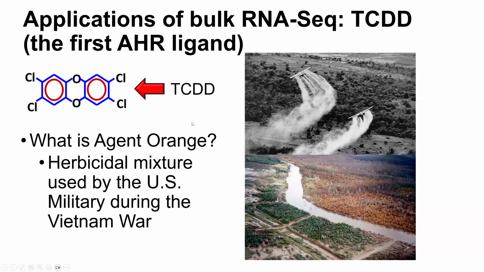As they made Agent Orange, this herbicide, one of the byproducts was TCDD, also known as dioxin. The reason this is important is that, post-war, some of these veterans and other folks who had been exposed had increased risk for certain cancers. And at that time, we didn't understand the compound that was increasing the risk for cancer in these veterans.